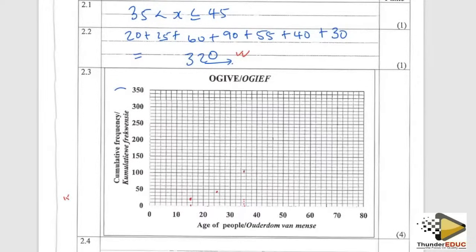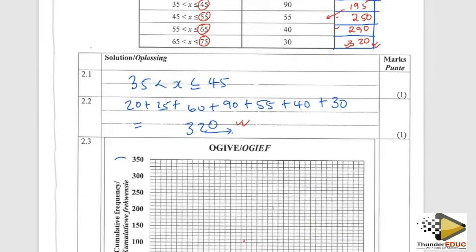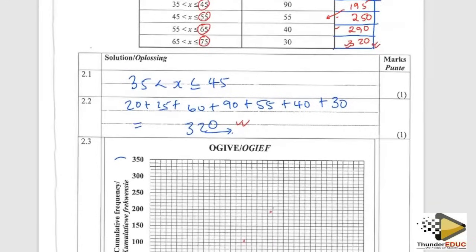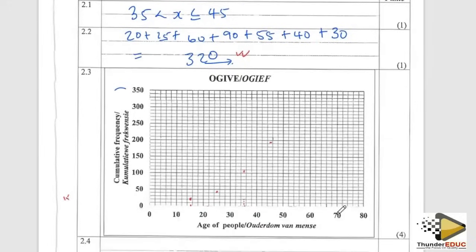And now I need 45. 45 is 195, so just before 200, slightly before 200. And then 55 is 250, just on the line here. Then we have 290, which goes with 65, just below 300.